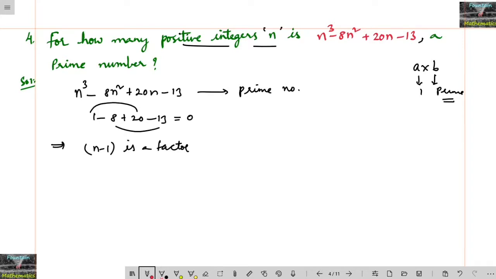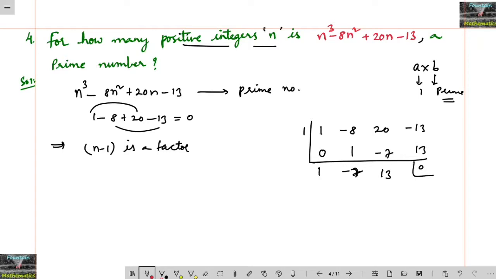Now let's factorize this part, n power 3, by using the remainder theorem, taking the coefficients: n power 3 is 1, n square coefficient is minus 8, and 20 and minus 13. Since one of the factors is 1, let's start with 0. 1 plus 0 is 1, 1 into 1 is 1, minus 8 plus 1 is minus 7, 1 into minus 7 is minus 7, 20 minus 7 is 13, 1 into 13 is 13, so 0 is the remainder.